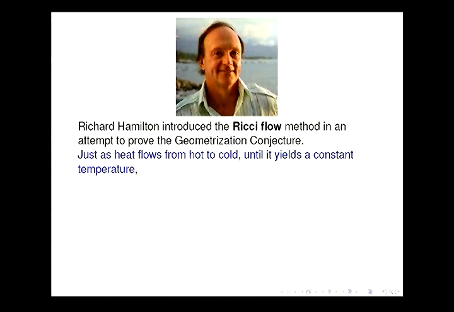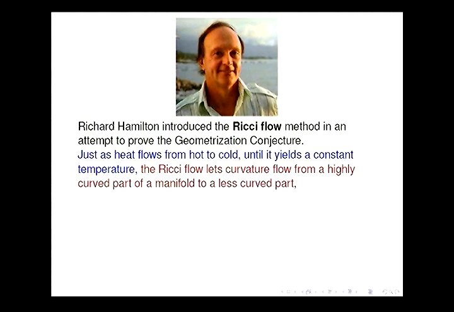If you have an uneven distribution of heat over some solid or some body, then heat will flow from hot to cold, so that in the limit, everything has the same temperature. And he was trying to construct a differential equation which would have the same property for the geometry of a manifold. So if you have a manifold which is highly curved in some places and not in others, then the curvature would flow from the highly curved part.